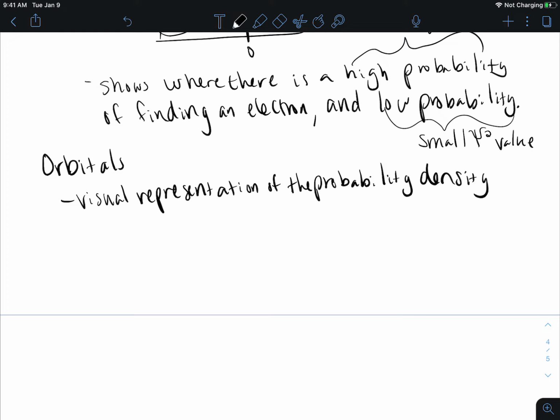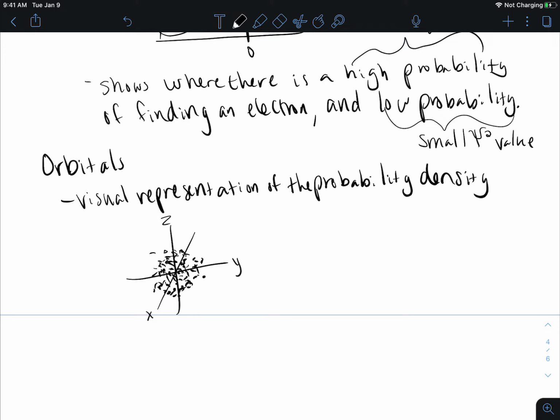So it's basically our x, y, and z axes, and every time you solve the Schrodinger equation or wave function, you get something like this.